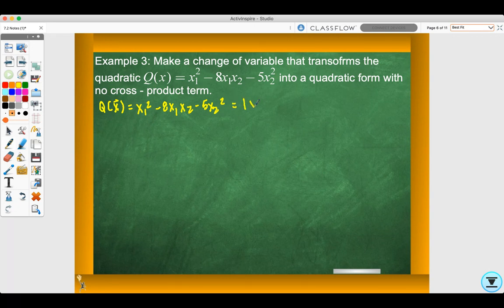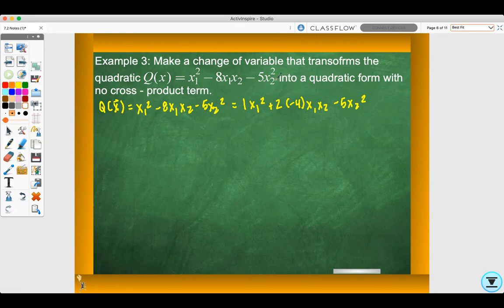This equals 1x1 squared plus 2 times negative 4 x1 x2 minus 5 x2 squared.